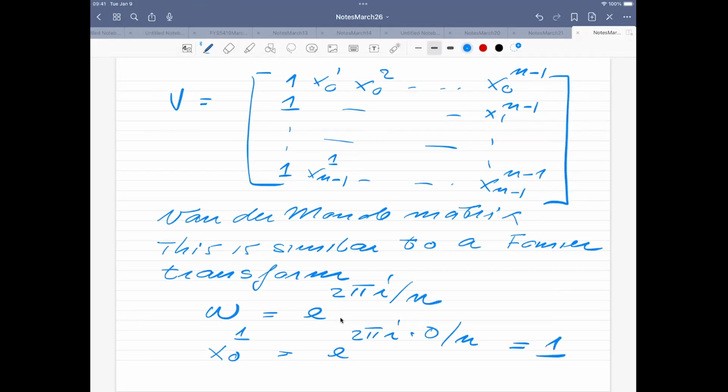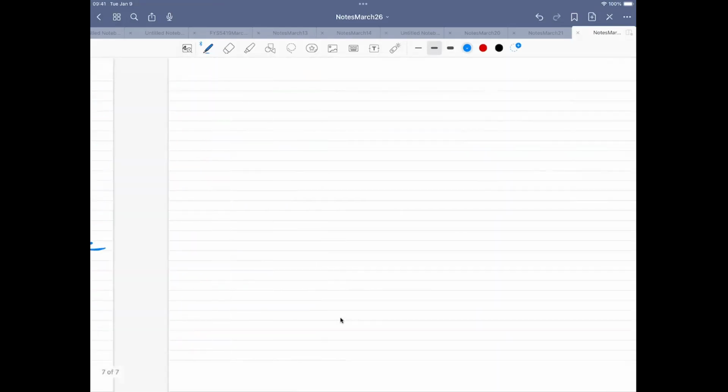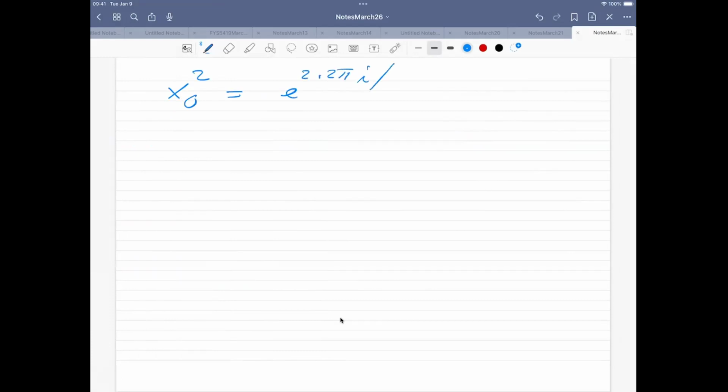If I look at the x0 squared, this is equal to e to the 2 times 2 pi i divided by n and multiplied with 0. So this is also going to be 1. And this would continue if I now look at x1 to the power of 1. This is now going to be equal to e to the power of 2 pi i, and then I have 1 divided by n.